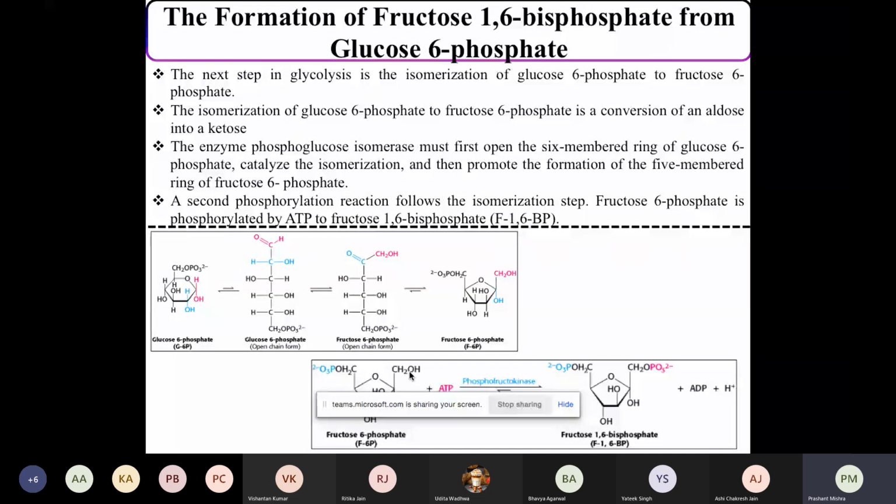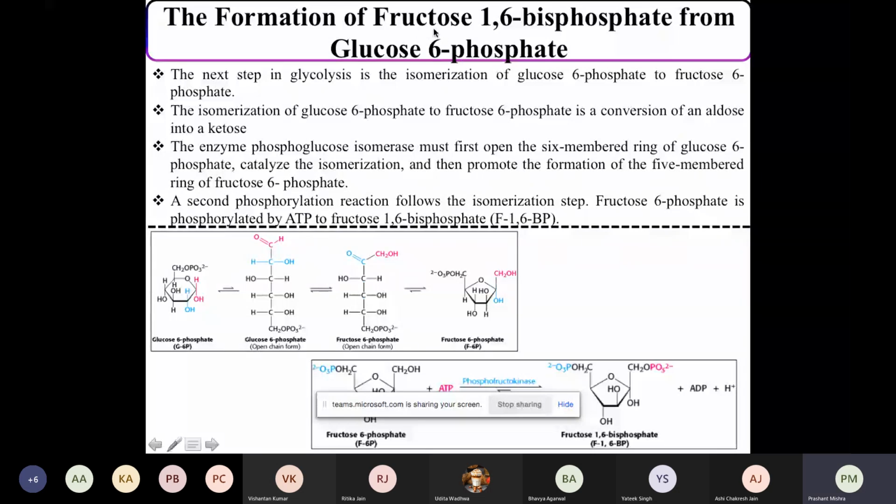Now, coming to the next step where fructose 1,6-bisphosphate has to be formed, it has two phosphate residues, and glucose phosphate has one. That means you need an enzyme which can again transfer one phosphoryl group. So we are going to talk about that. Let us see how it happens.